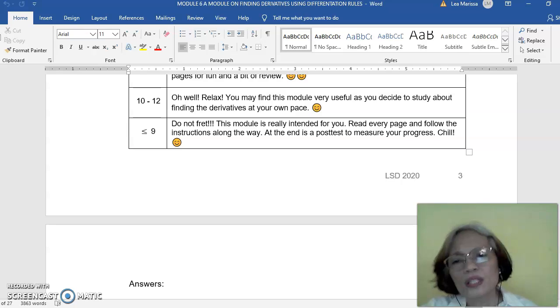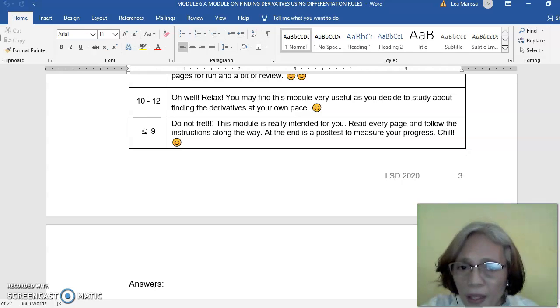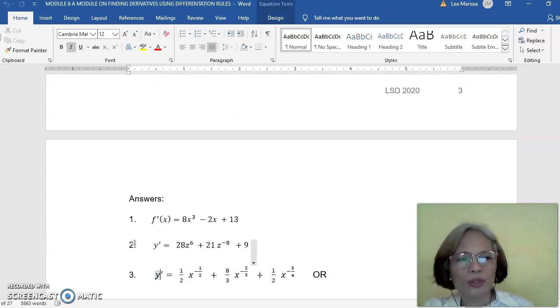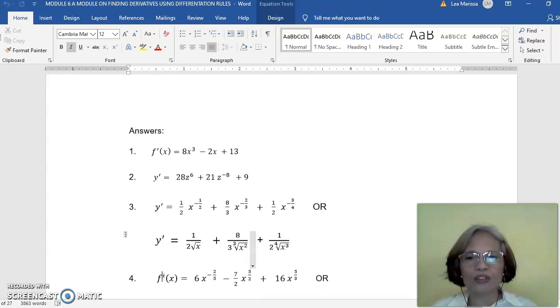And if the score is 9 or less, I said, do not fret. This module is really intended for you. Read every page and follow the instructions along the way. At the end is a post-test to measure your progress. And then I mentioned, chill. These are the answers. There is no solution, just the answer.